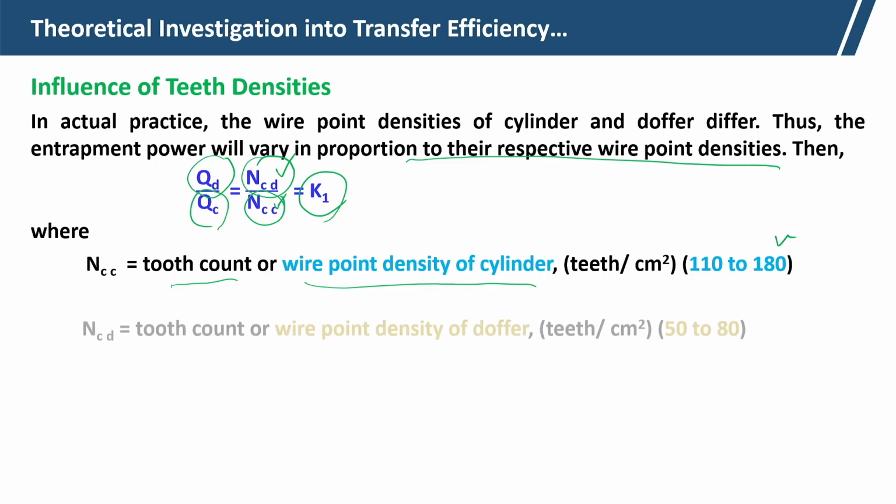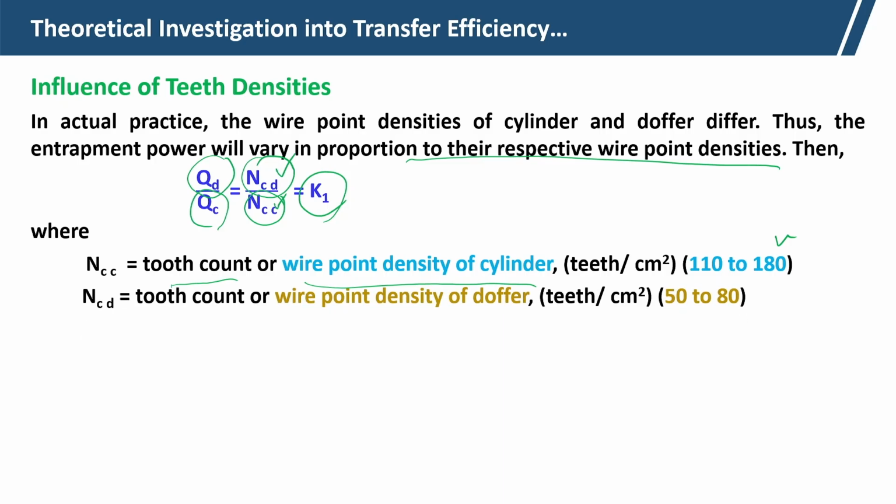On doffer, the wear point density is typically 50 to 80. That means the entrapment power of cylinder is higher than the doffer. So, K1 is always less than 1.